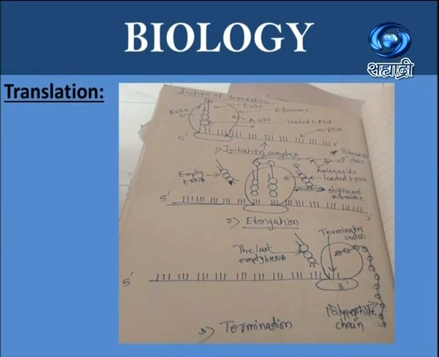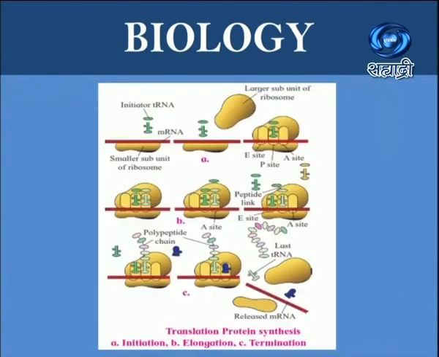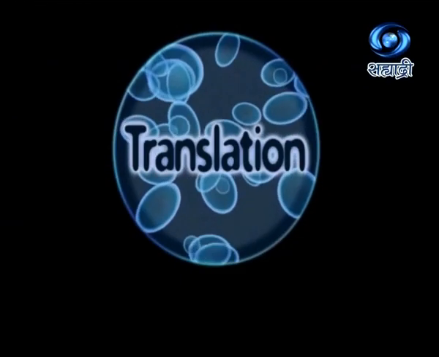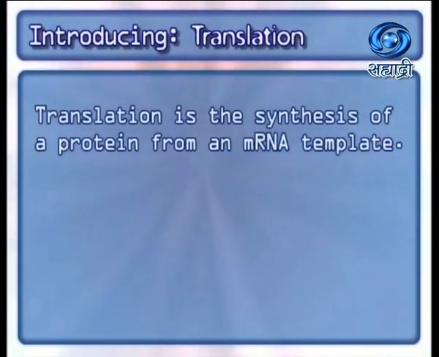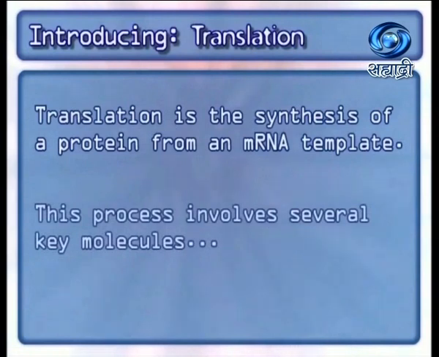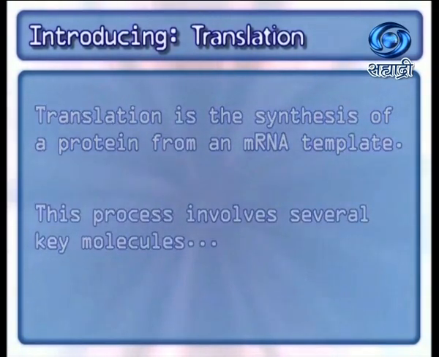So let's play the video and see how the translation mechanism works. See this diagram from the textbook. I already said please refer to this diagram also. See the translation mechanism which I already explained theoretically. Now you are observing it in the form of video. So once again, translation is the synthesis of protein.